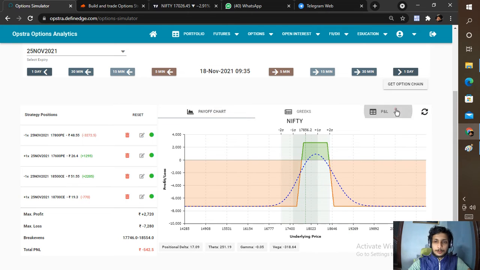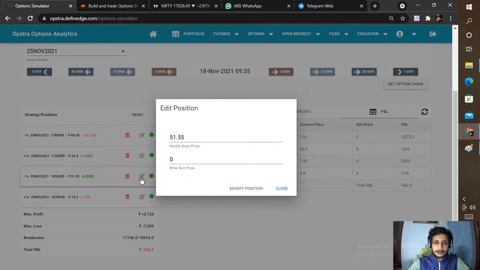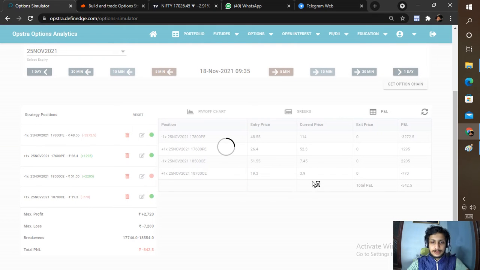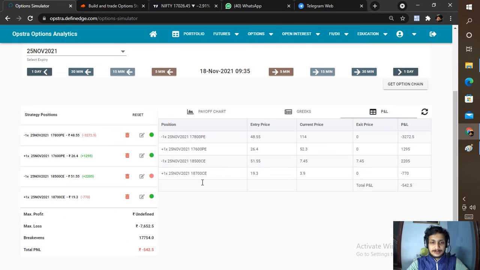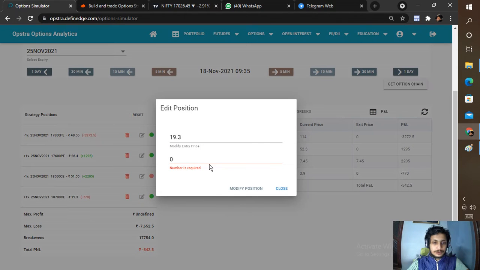We need to book this right now. So we will book this 18,500 call at 7.45 rupees, where it is trading right now. And this 18,700 call is now trading at 3.9, so we will book this at 3.9.